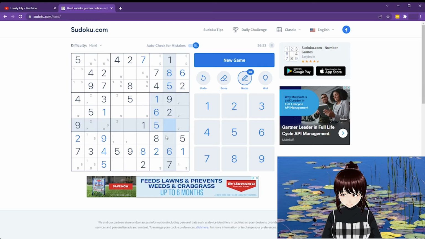So this has to be either 4s or 3s. 3. So, okay. Now, we move on. Oh, look. 3 or 9. 3 or 9. It's a pair. Bing!